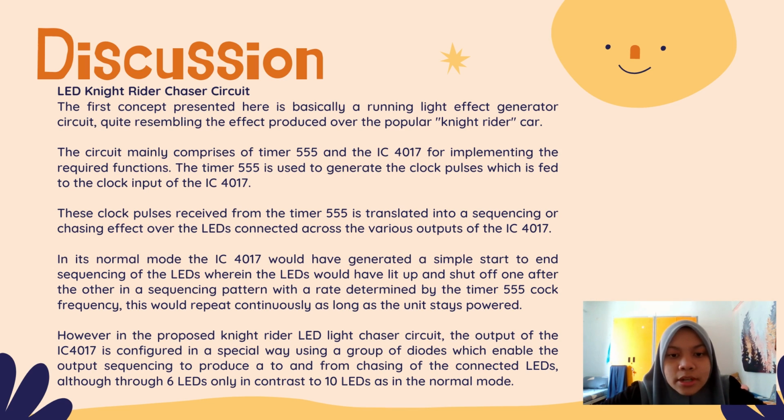However, in the proposed Knight Rider LED light chaser circuit, the output of the IC4017 is configured in a special way using a group of diodes which enable the output sequencing to produce a back and forth chasing of the connected LEDs, also through 6 LEDs only in contrast to 10 LEDs as in the normal mode.